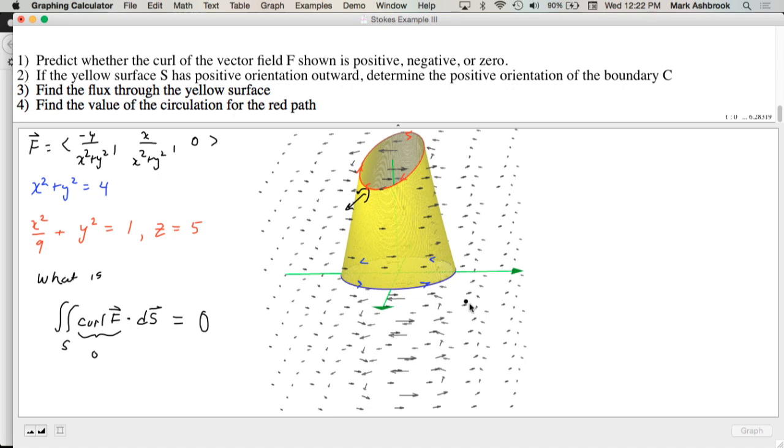He wants the opposite of the circulation of the blue path. Is that right? Why should it be? What do you think?